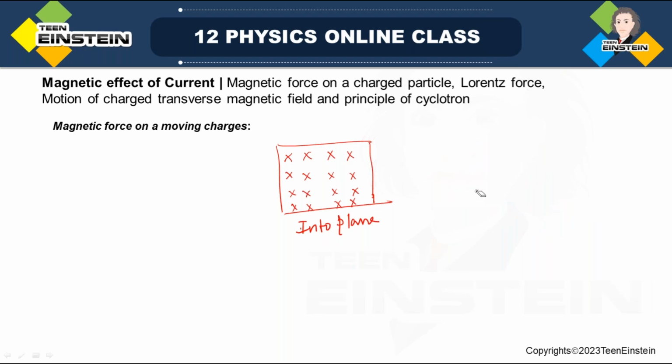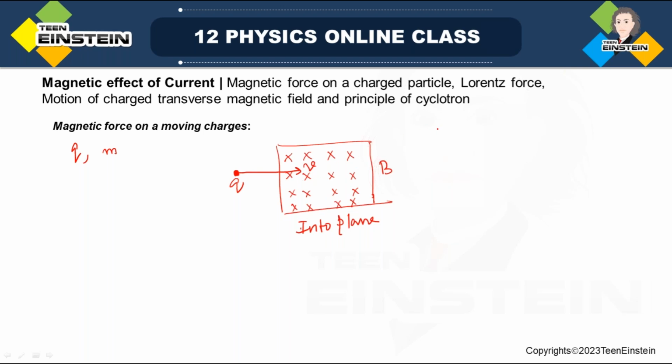So I have a uniform magnetic field. That means everywhere the magnitude of the magnetic field is the same, that is B here. Suppose I have a charged particle having charge Q and mass M, and it is moving with a certain velocity v and enters into the region where this magnetic field is there.